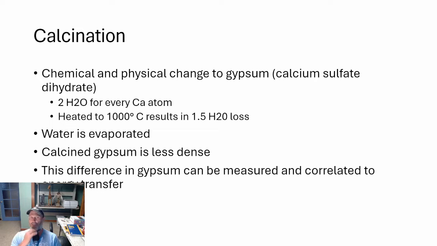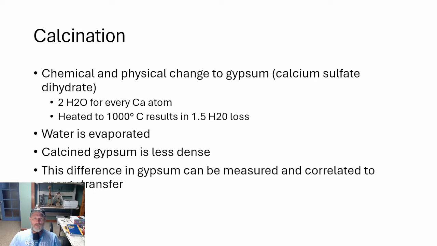So calcination involves the reduction of gypsum by basically dehydration. So it's a chemical and physical change. Gypsum's official term is calcium sulfate dihydrate. For every calcium atom, there's two water molecules.